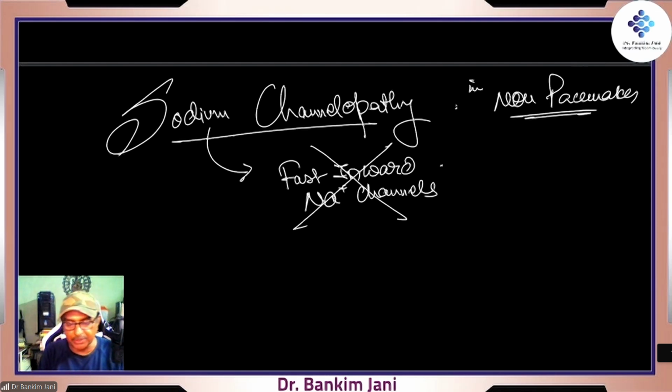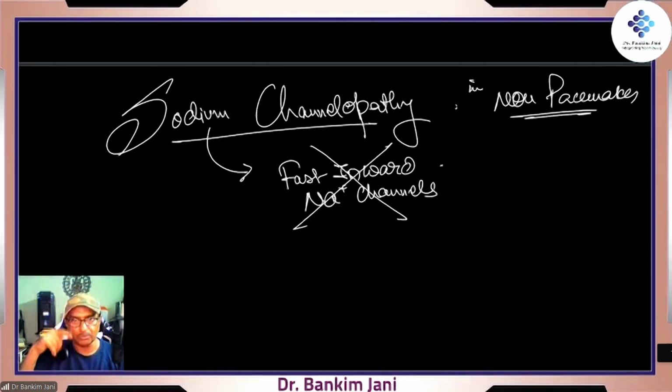This is sodium channelopathy: something wrong has happened to the sodium channels. So it will stop those fast inward sodium channels. In which phase were the fast inward sodium channels involved?